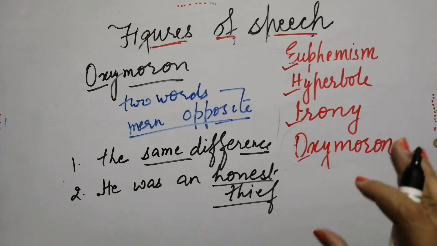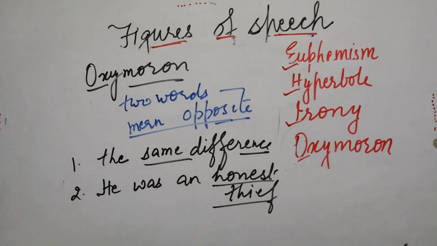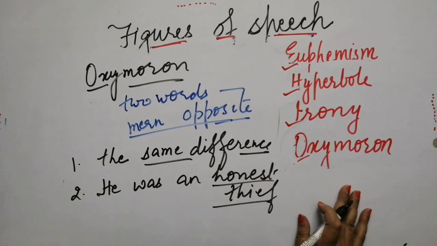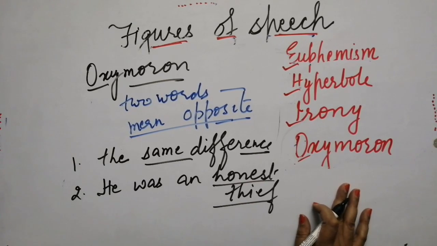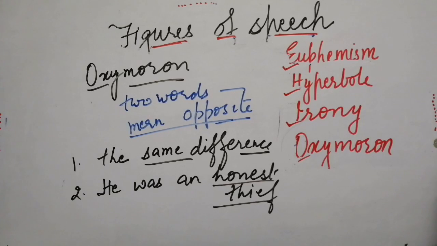It actually sometimes creates a dramatic effect also, and sometimes it entertains also. So that is all about today's class. We have learned about these four, and we'll continue the same in our next class, and we'll be continuing with the figures of speech. The rest of the figures will be described in that.